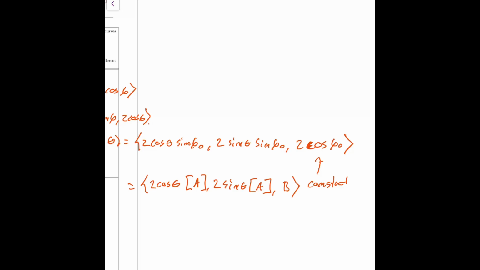So the height is b, it's fixed, it's 2 cosine phi naught. But if we look at just the x and y components, this is a circle. This is the parameterization of a circle of radius 2a at height b. So these are like latitude lines, or they are latitude lines actually.